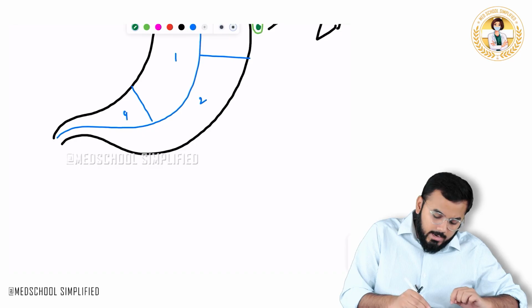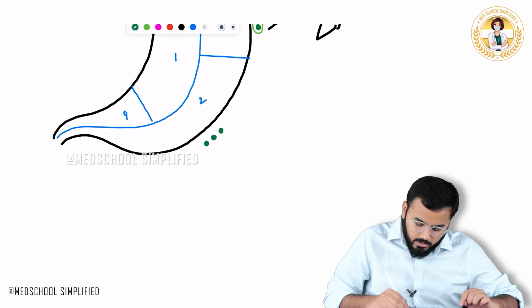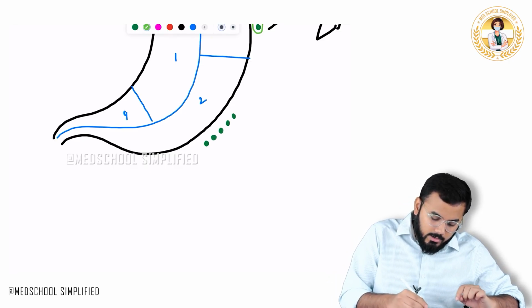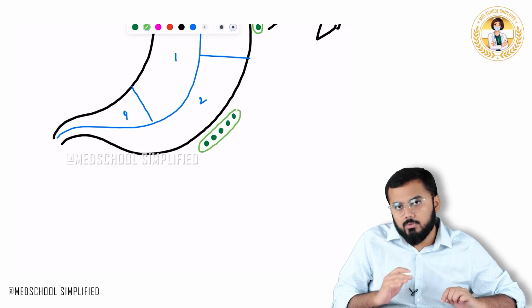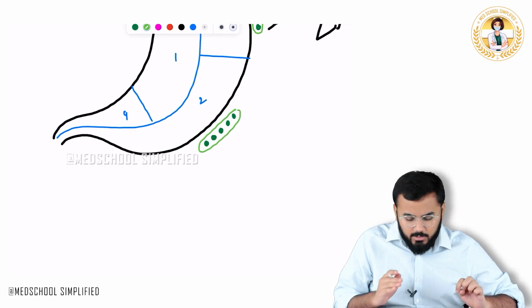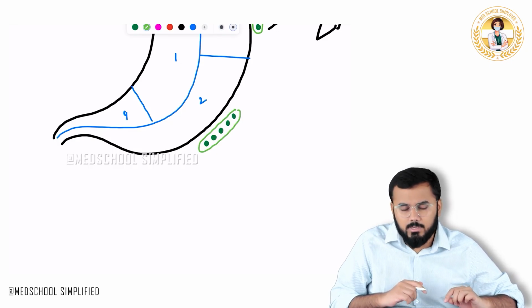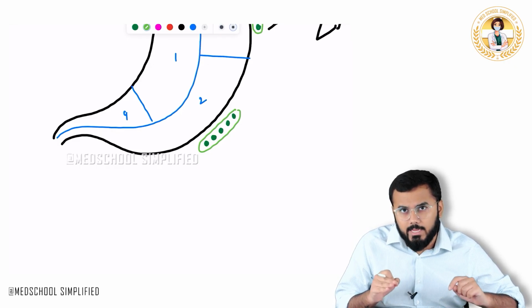Next important thing is that near the second part also we have a group of lymph nodes. So let us see what this group of lymph nodes is called. If you remember the arterial system and the venous drainage which I talked about in the stomach, I told you this region is the right gastro-epiploic area.